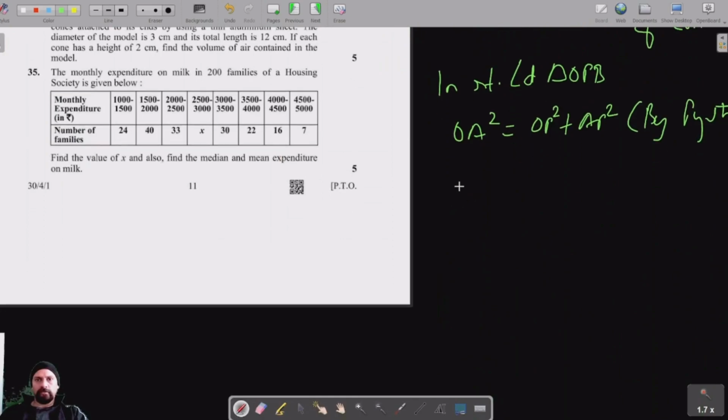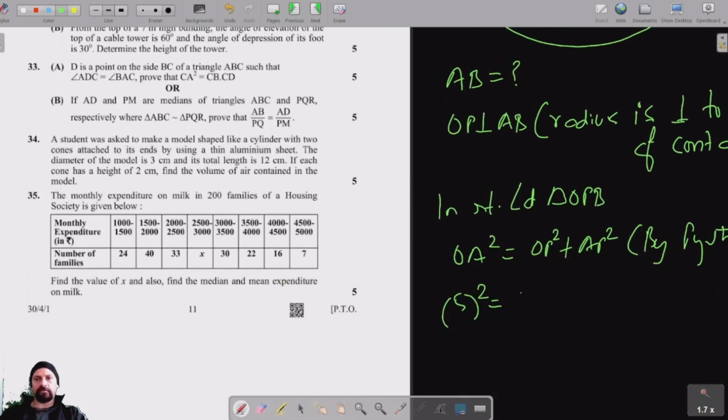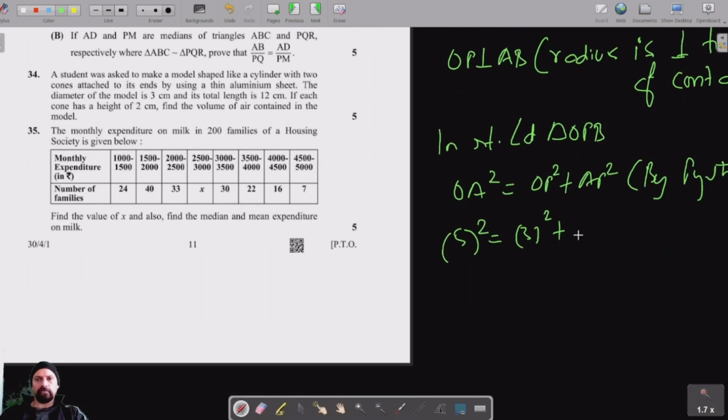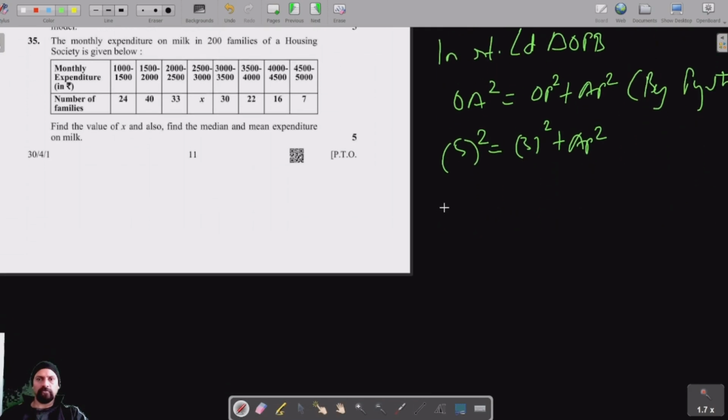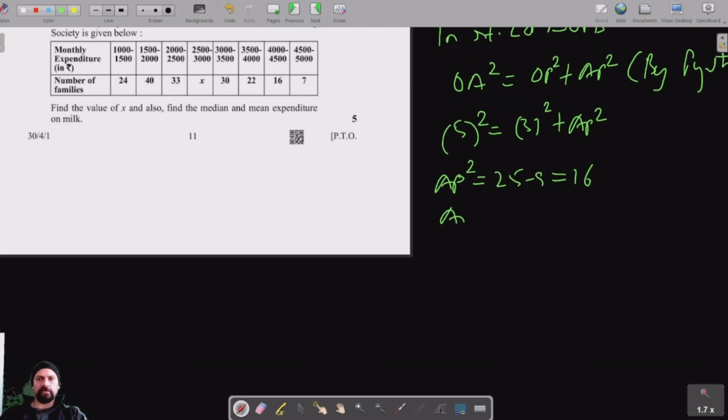So OA is 5 square and OP is 3 square, and this is AP square, which gives AP square is equal to 25 minus 9, which is equal to 16. So AP is equal to the square root of 16, which is 4 centimeter.